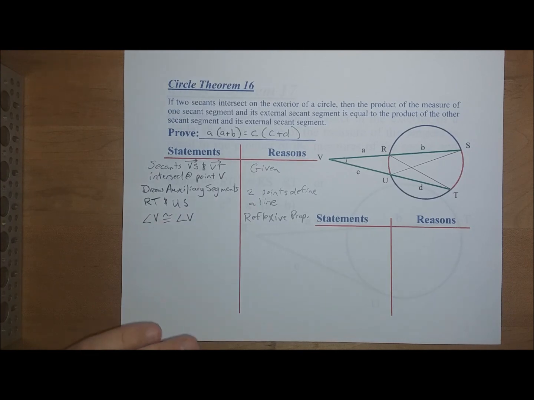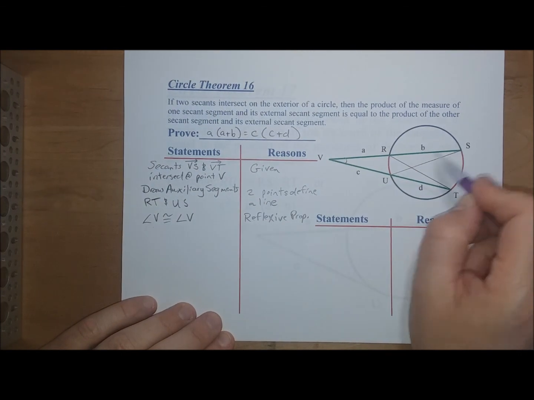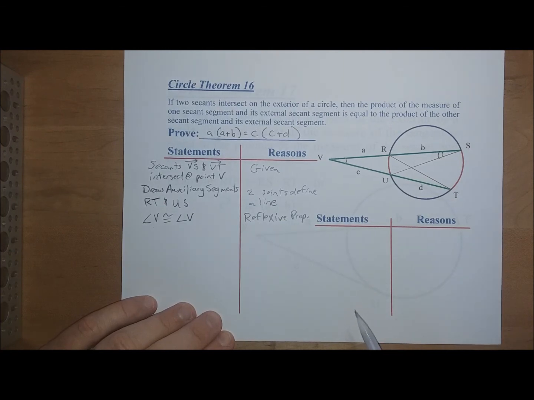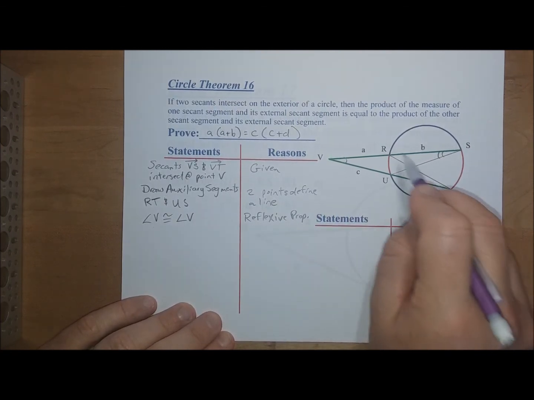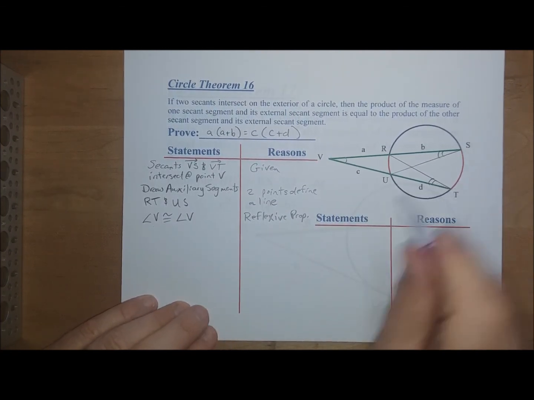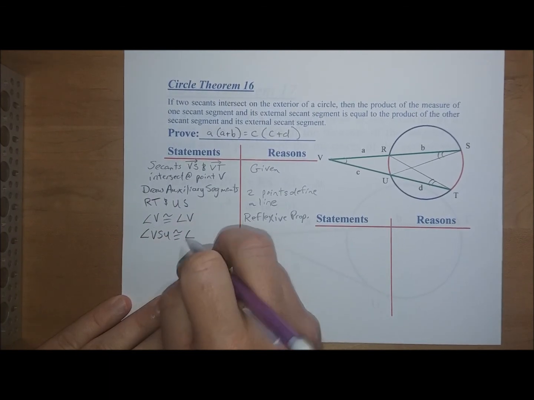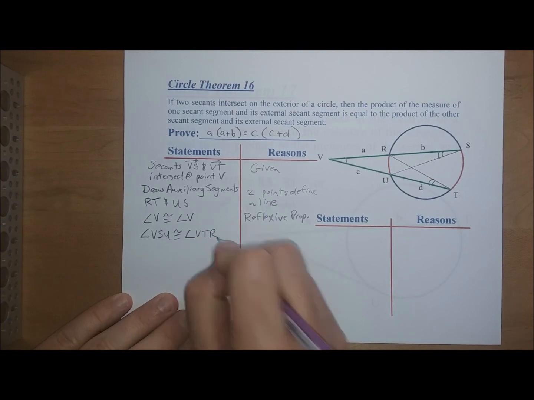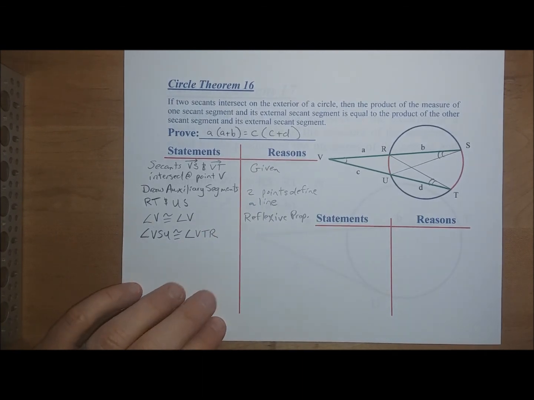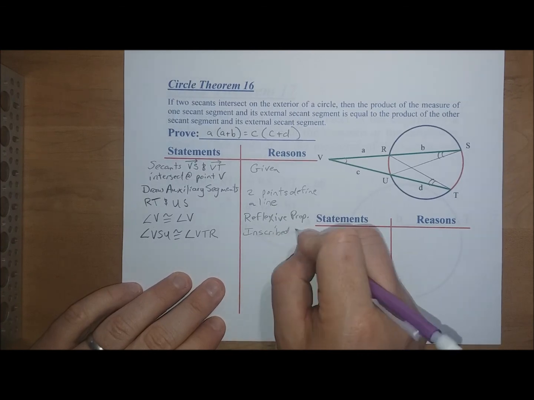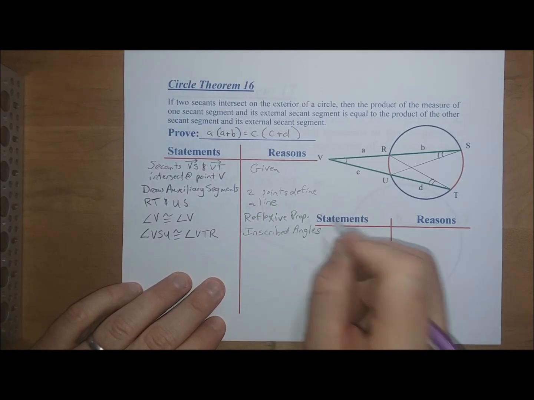Good. Now, I also believe that this angle, I'm going to call it VSU, is congruent to angle VTR. How do I know that? The reason is those are inscribed angles and they intercept the same arc.